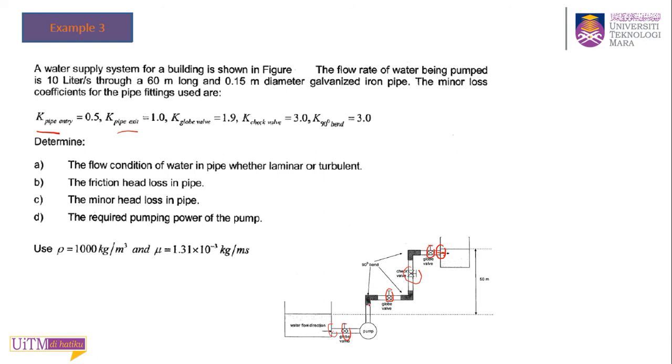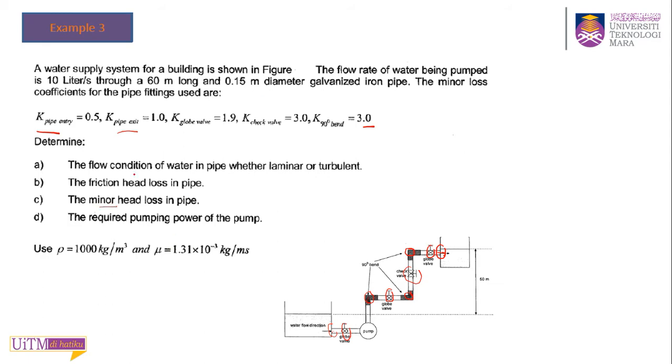And you have elbow, a bend, 1 bend, 90-degree bend, 2 and 3 bends. This bend will introduce losses. So they give you the coefficient for that, 90-degree bend equal to 3. So you need to calculate all of these minor losses, from the globe, from the elbow, from the check valve. So this will give you the minor head losses.